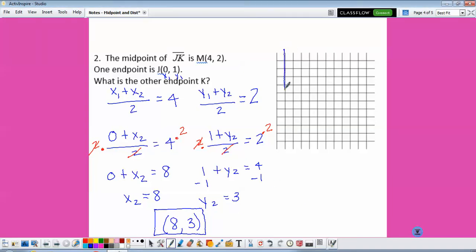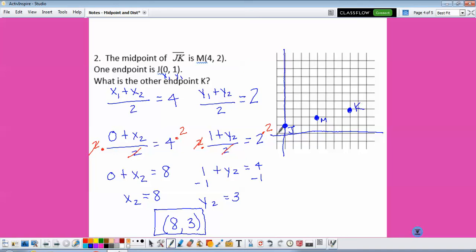If we wanted to do it graphically, the middle is at 4, 2, and I'm going to put an M there so we remember that that's the middle. The endpoint is at 0, 1. This is J. So to get from J to M, we go up 1 and over 4. So to get to our other endpoint, we would go up 1 and over 4 again.